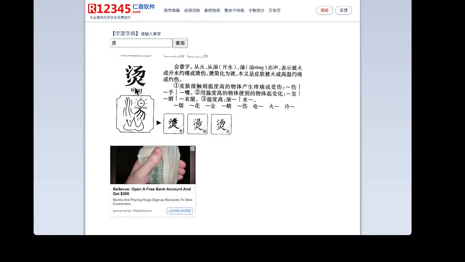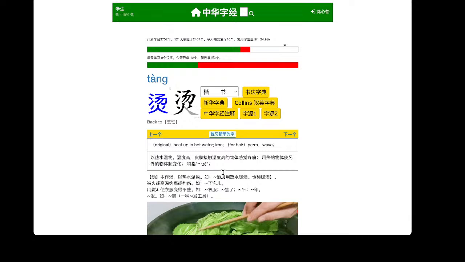And so this is 烫. It also means scald, kind of like burning your skin or something. So it's also used in the word 烫伤. So this one is 烫.